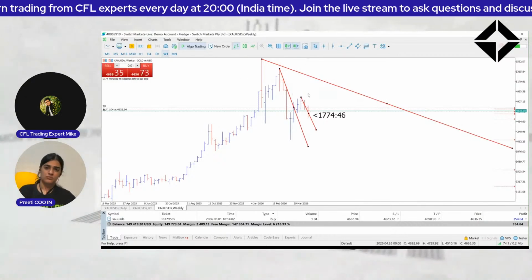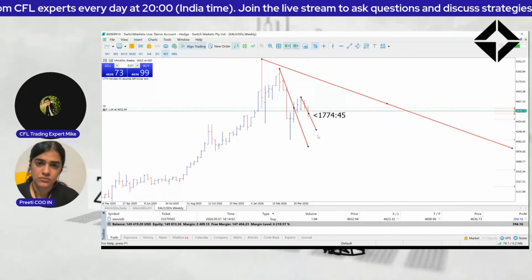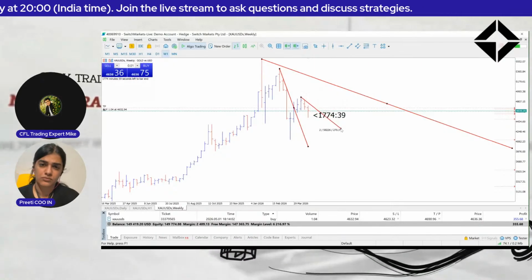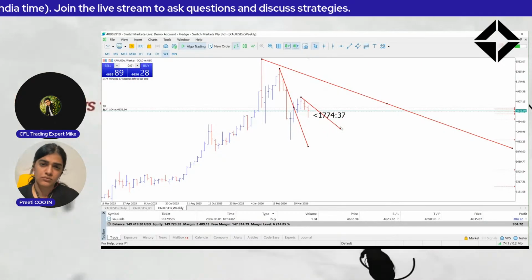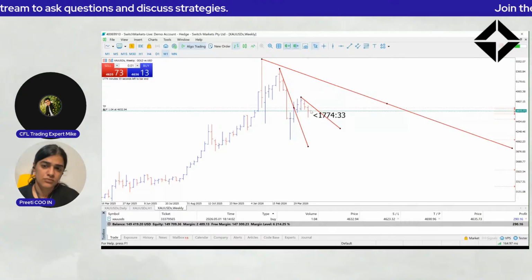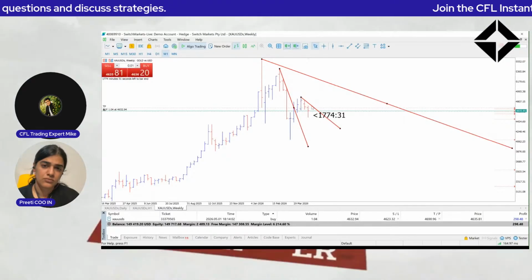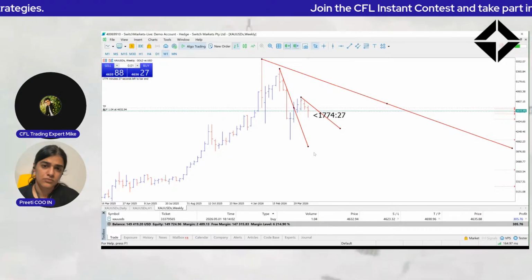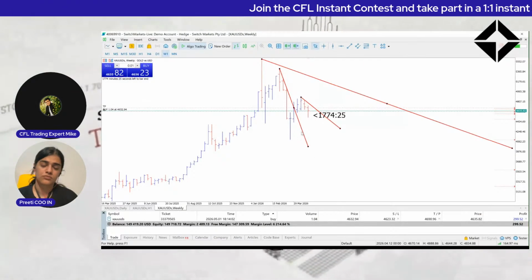Weekly structure will be somewhere here, correct? So next week candle will be here, and the high will be here, still below this line, and then yeah, that's how I understood.